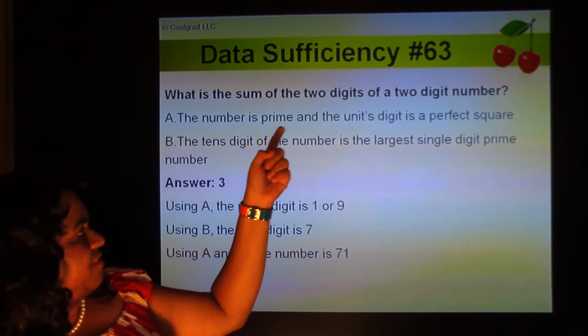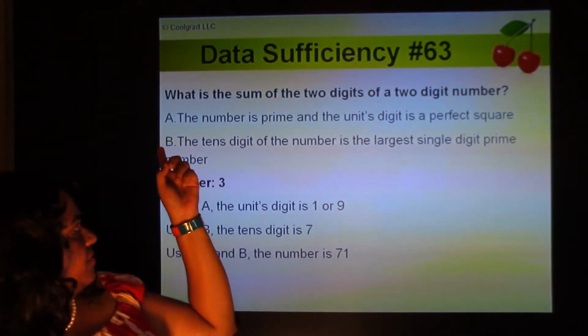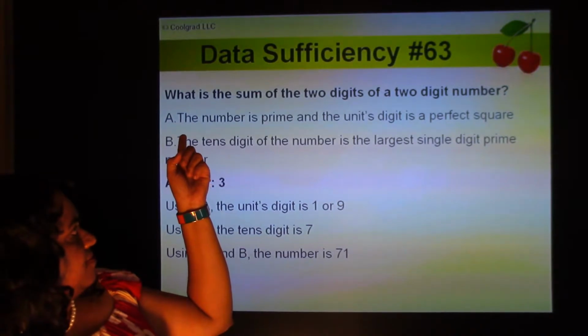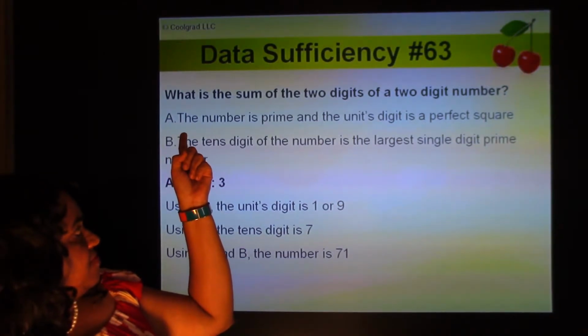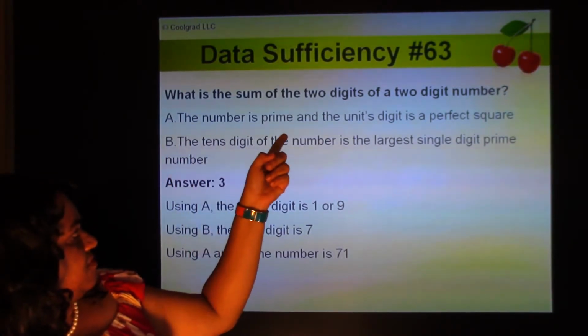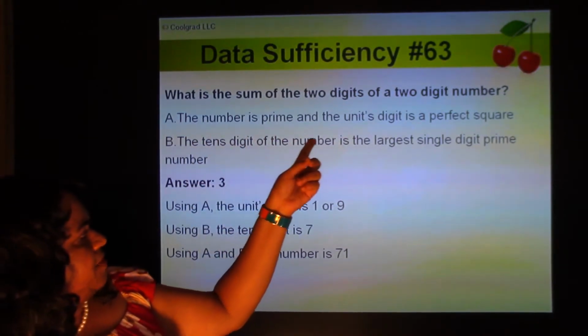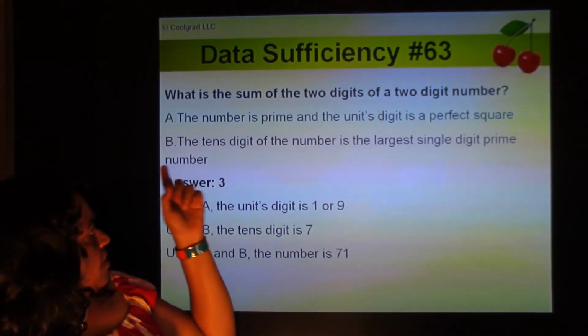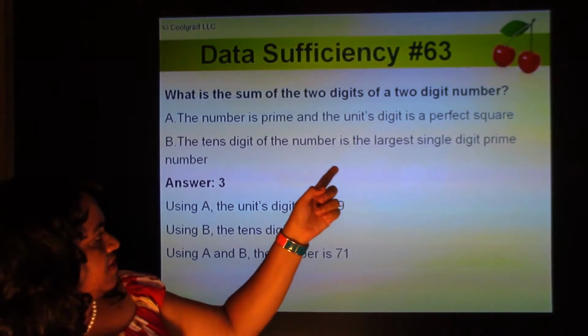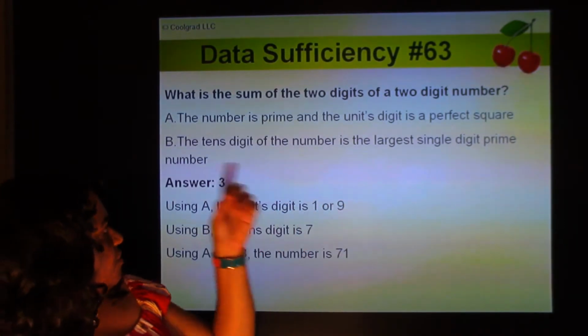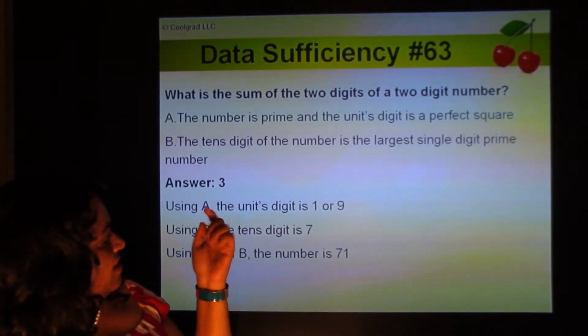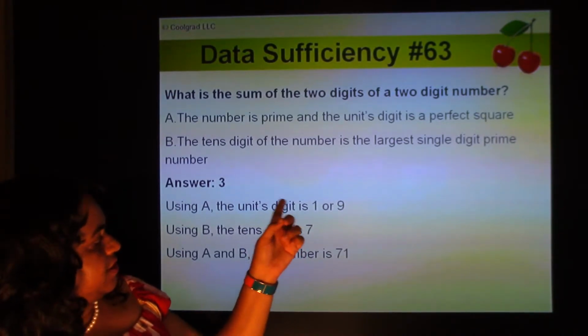63. What is the sum of the 2 digits of the 2-digit number? Statement A: The number is prime and the units digit is a perfect square. Statement B: The tens digit of this number is the largest single digit prime number. Using statement A, the units digit must be either 1 or 9.